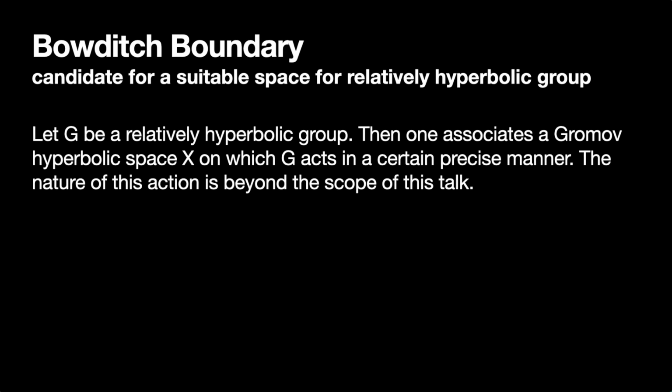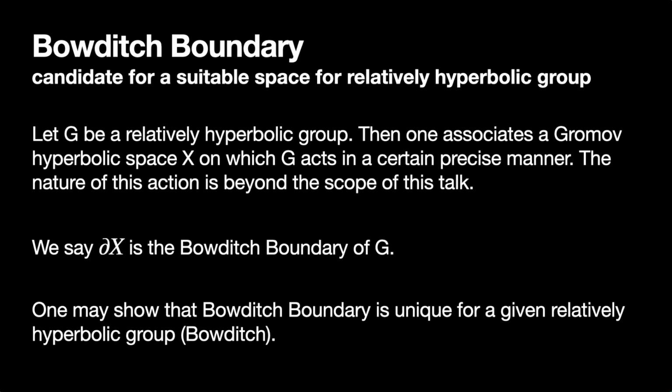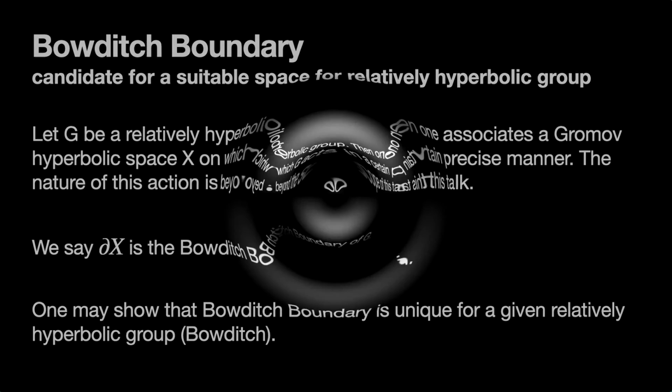Due to time limitations, I am unable to describe the nature of this action. We say the Gromov boundary of that particular space X is the Bowditch boundary of this group G. And one may show that this Bowditch boundary is unique for a given relatively hyperbolic group. This was in fact shown by Bowditch.